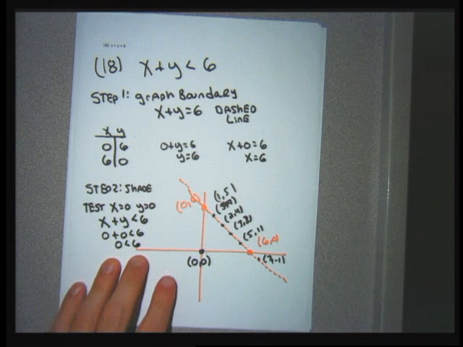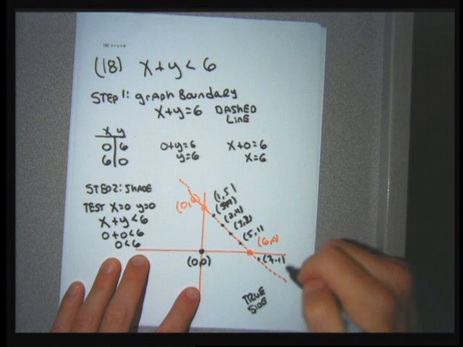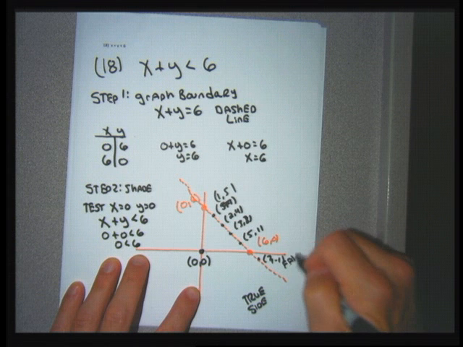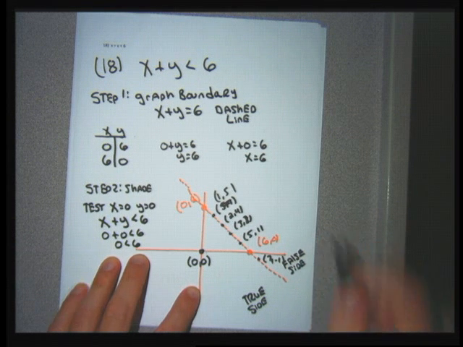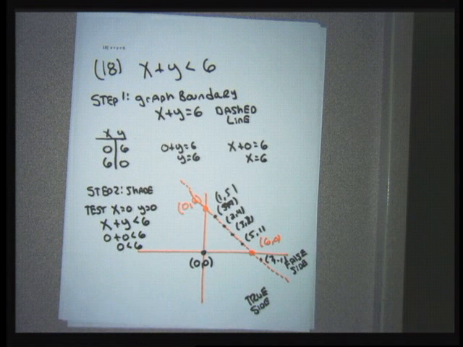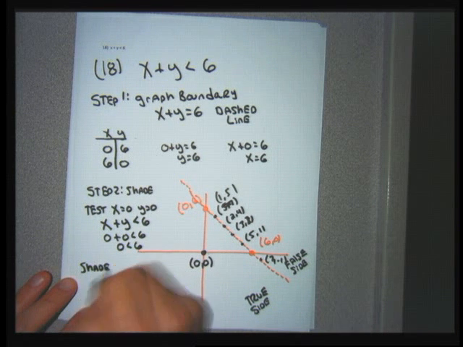When I did the math here, I got the statement 0 is less than 6, which tells me that (0, 0) is on the true side of the line, and that the opposite side of the line, the side that doesn't contain (0, 0), is on the false side. What I want to do is shade the true side.